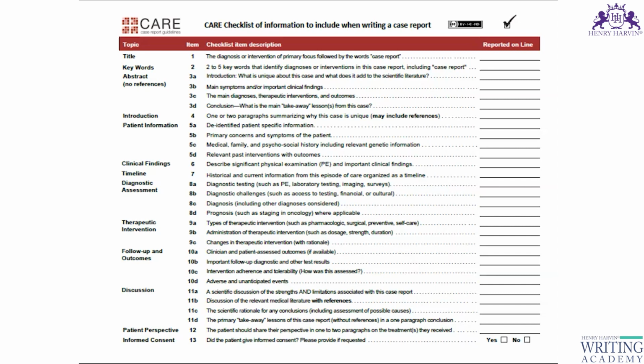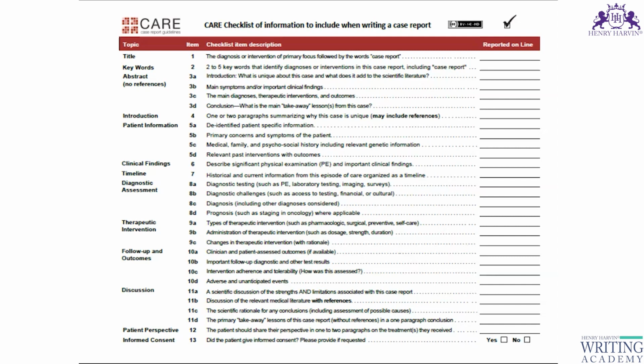So you write in brief what the disease is about. Then at the end paragraph you can explain the objective and the unique feature of this case. In the introduction you can include references, and in the abstract no references are included.